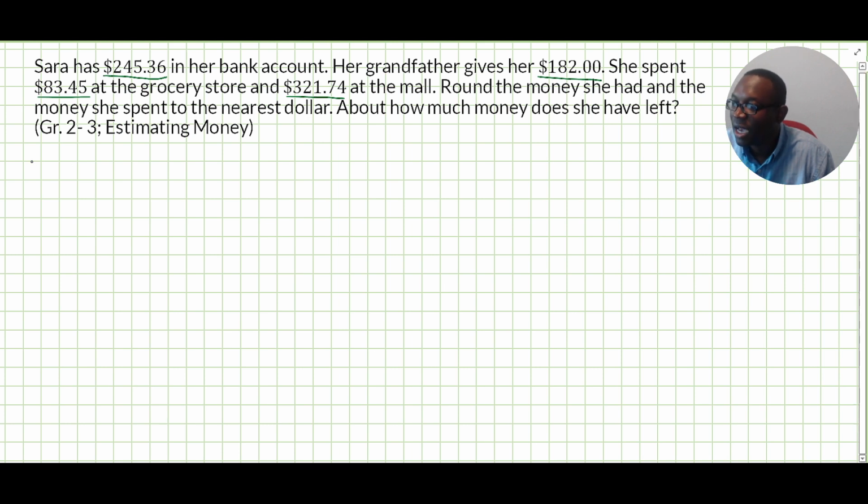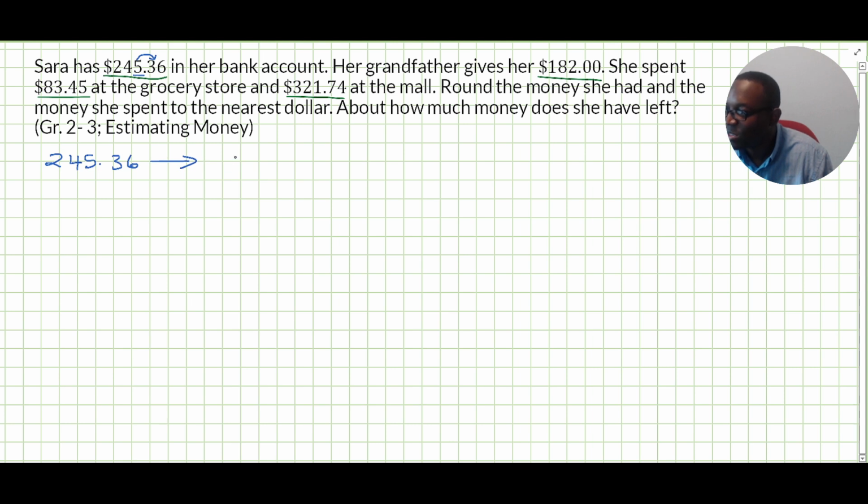So the money she had: $245.36. I'm going to use an arrow to show what it's going to be after we round to the nearest dollar. Let's look at the 5 right here. That's the nearest dollar place. So we look to the right and we have a 3. That's less than 5.